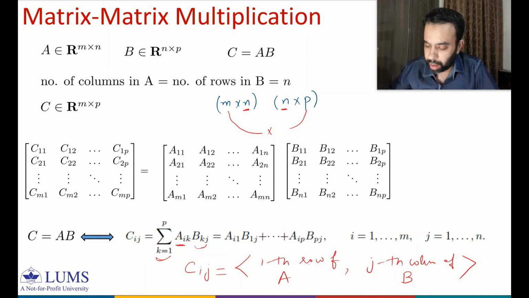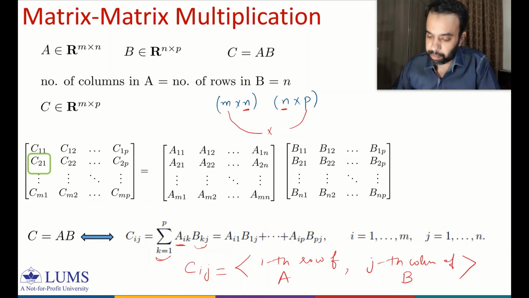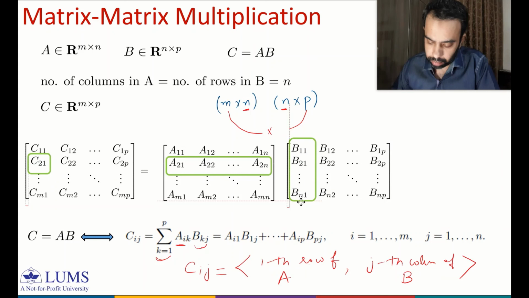Or we can simply say if we want to obtain C21, this is simply given by the inner product between the second row of A and the first column of B. That's how you obtain C21. So C21 is A21 times B11 plus A22 times B21 and so on and so forth, plus A2n times Bn1.